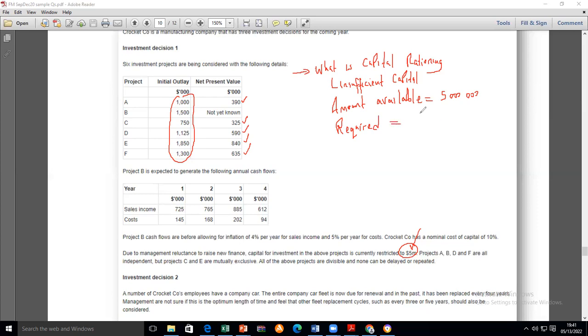How much is needed in total? 7,525. That's how much is needed. Okay, so there's a shortfall.